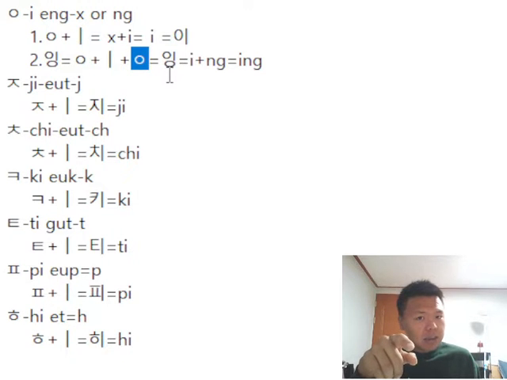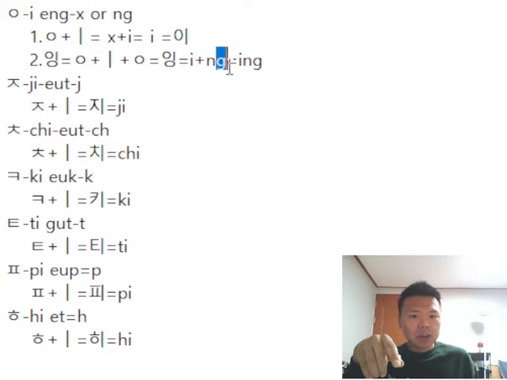Because 이음 is located under the other letter, at that time it is ng.